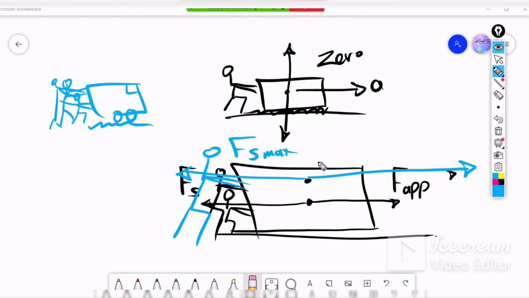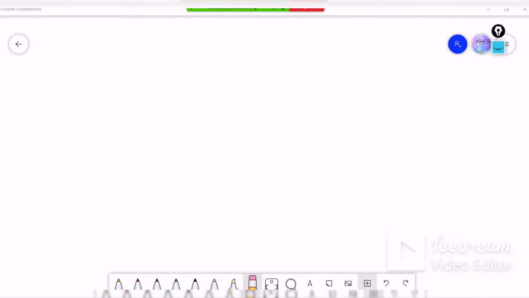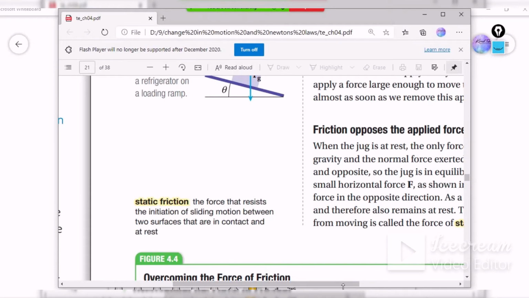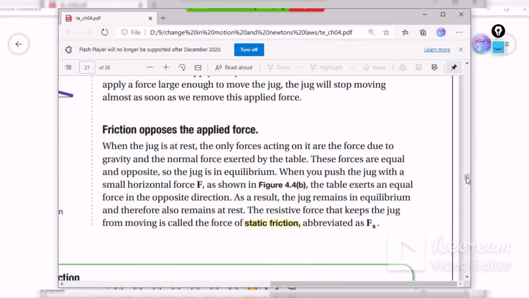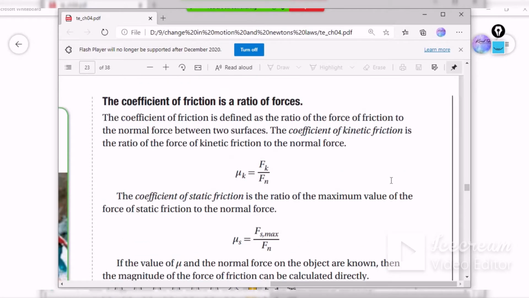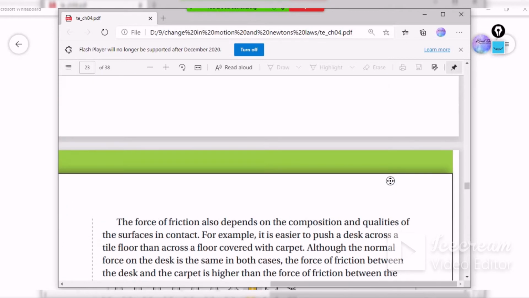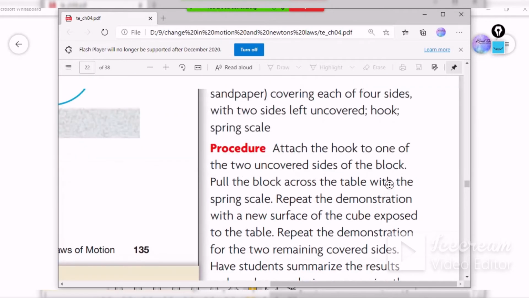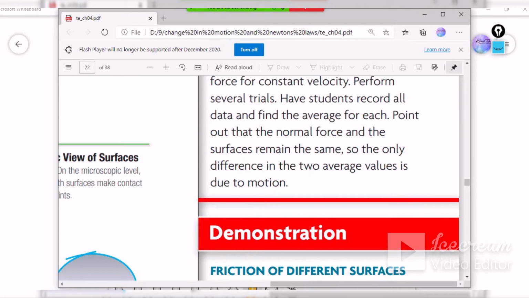Before talking about kinetic friction, let's talk about something else, about the surface. Most of you think that the surface is smooth, okay? But in fact, that's not right. If you look over in your book, you can see this picture.